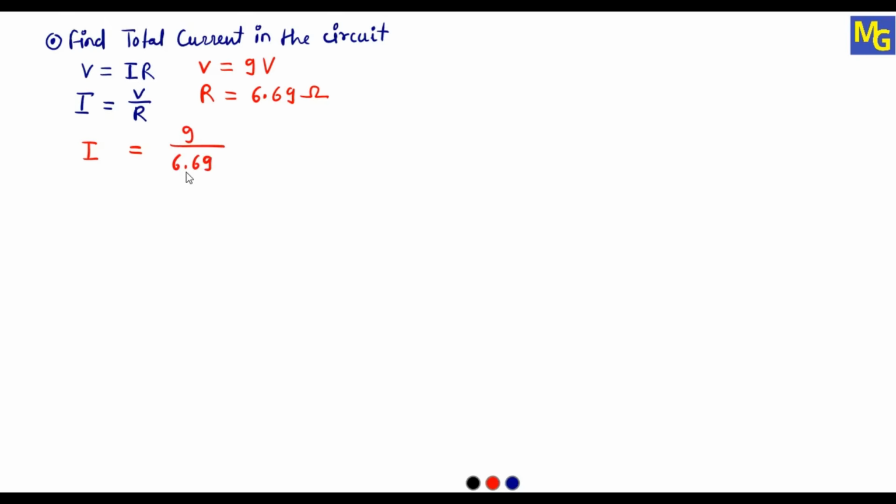So substitute: I is equal to 9 divided by 6.69. It will be difficult to divide with this decimal, so we will shift the decimal two places to the right, 1, 2. Once we shift it two places, then on the numerator side we have to multiply by 100, because we are shifting the decimal to the second position on the right side. Then I is equal to 9 into 100 divided by 669, which is 900 divided by 669.